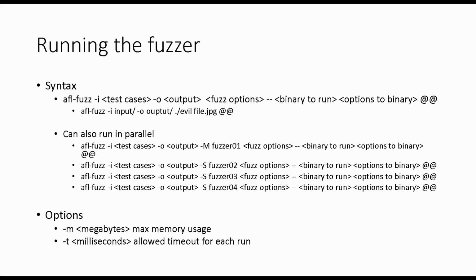Now, there's also the option for timeouts. If something times out, then that's considered a hang. And that's a good thing, because do we want it to get to a code path where it's looking for a specific checksum, and calculate every possible combination until it gets the exact right checksum or some password or something of that nature?